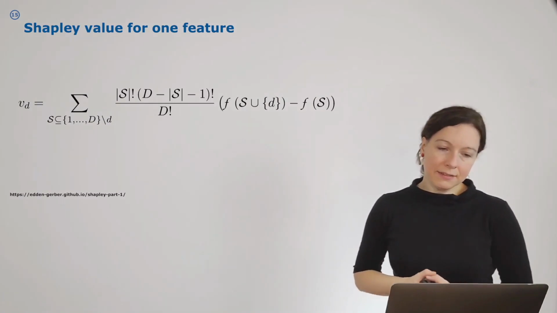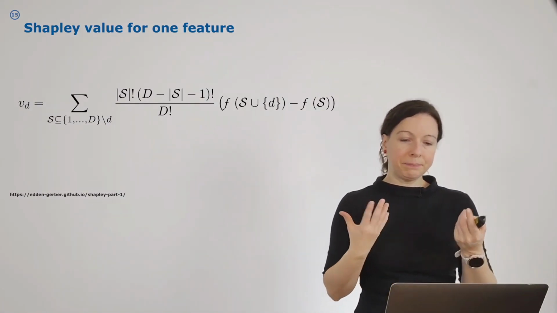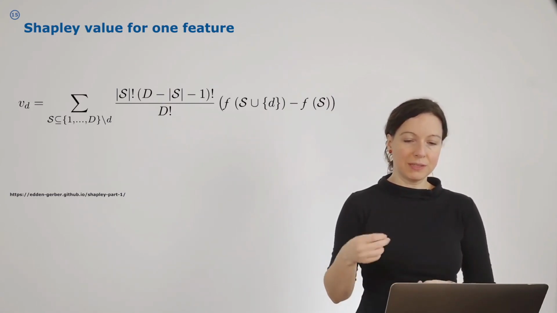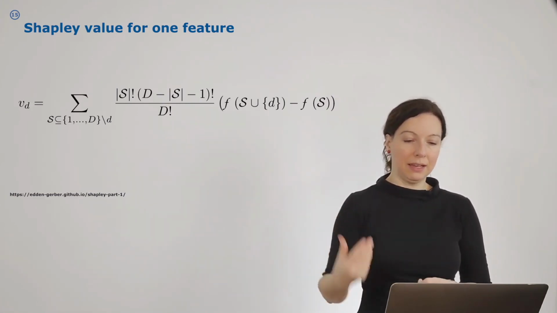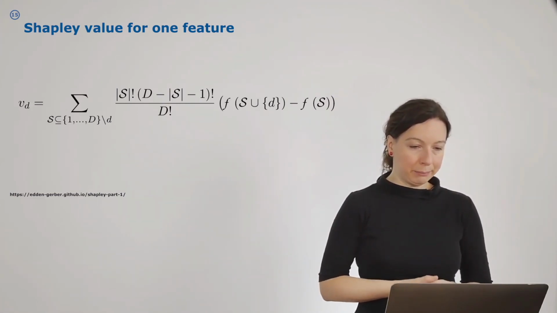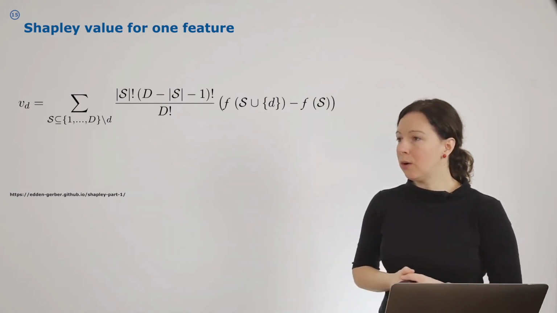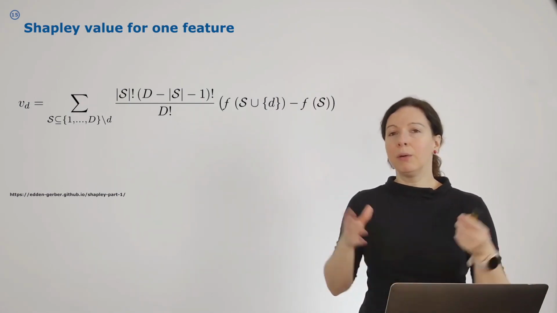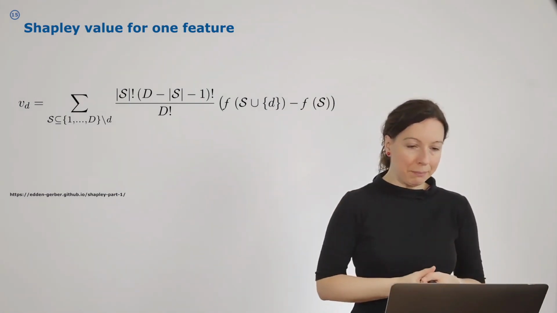And let's have a look at how the Shapley value can be computed for a single prediction, that means a single input sample. This equation might look a little bit complicated, but we can go through it step by step.